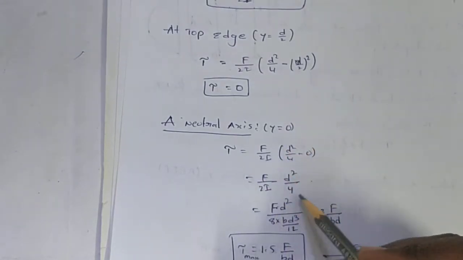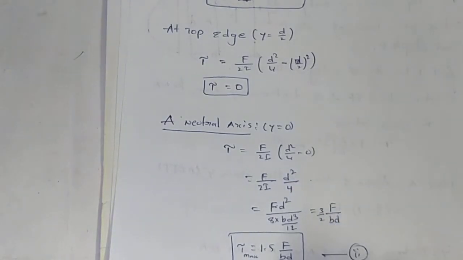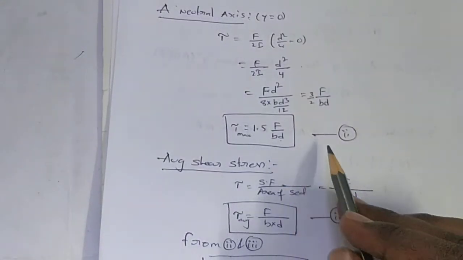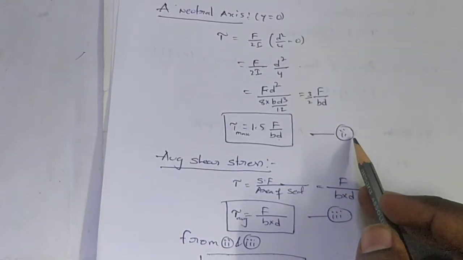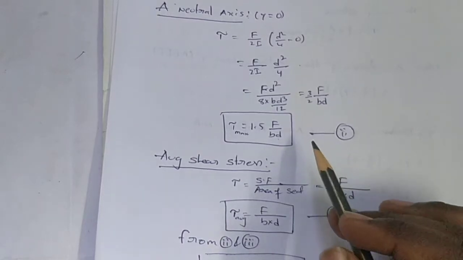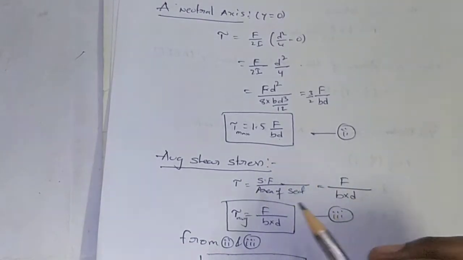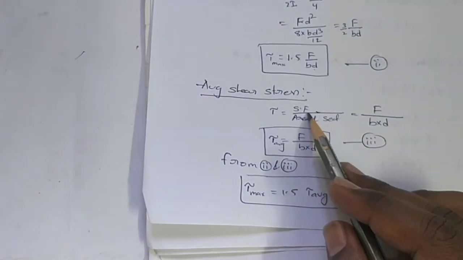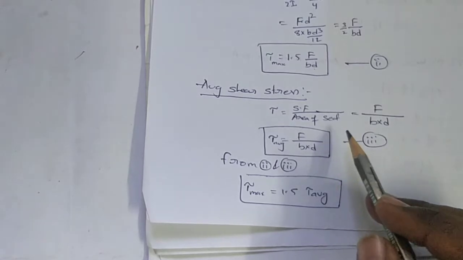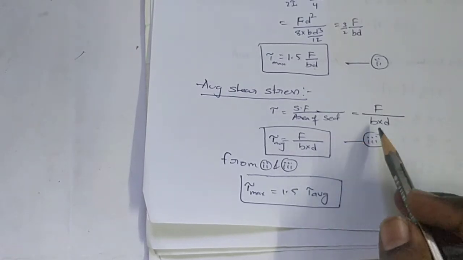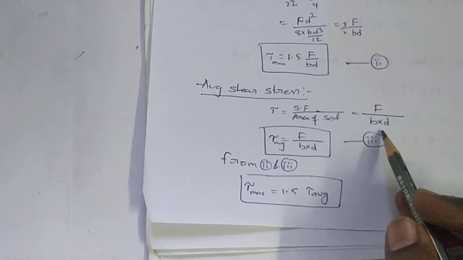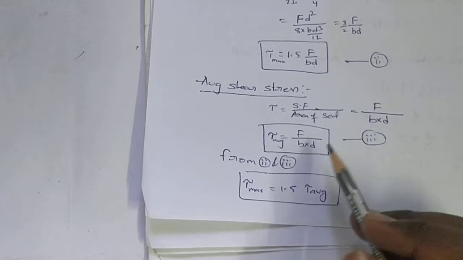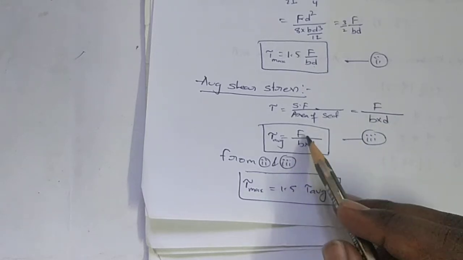Therefore, by simplifying this equation, we get 1.5 into F by BD. It is the maximum shear stress developed in the depth of the section, that is at neutral axis. Next, average shear stress, tau is equal to shear force by area of the section, that is F by B into D. Area of the section is B into D. Therefore, tau average is equal to F by BD.